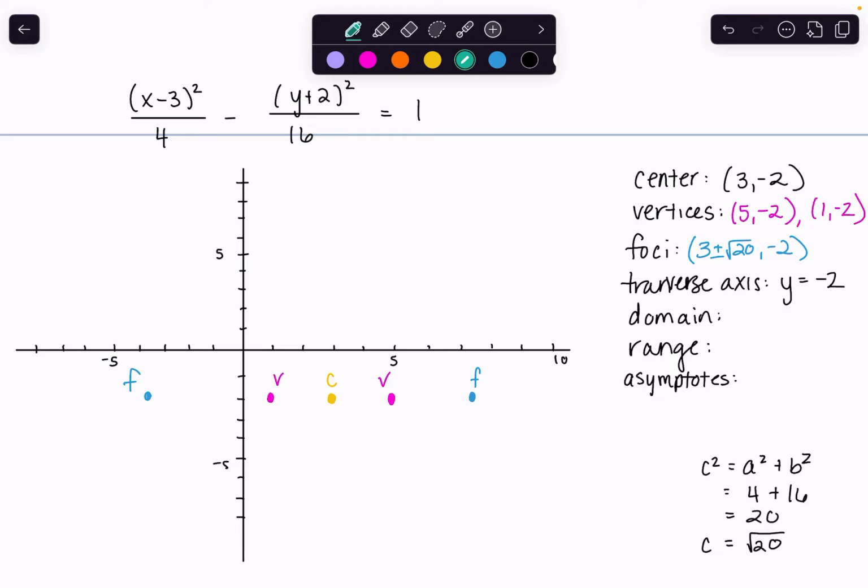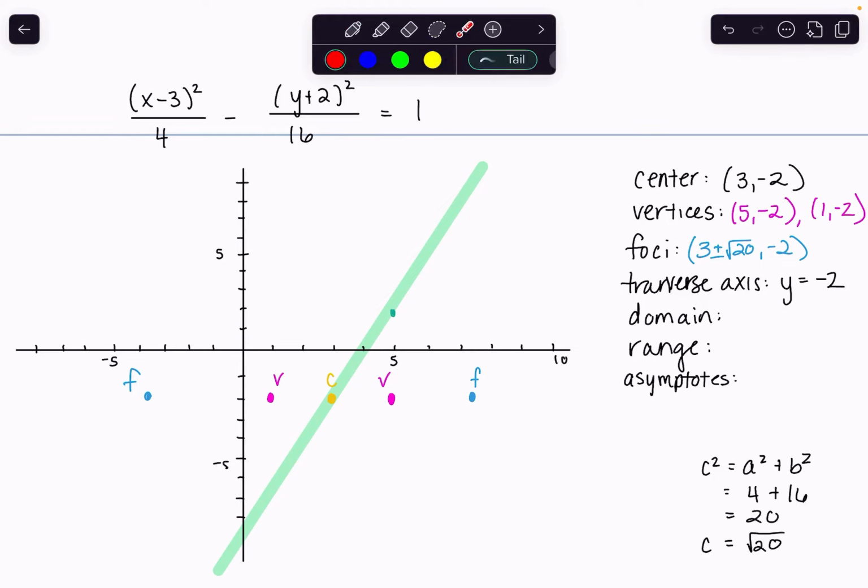So another point on my asymptote will be right here through 5, 2. And that gives me one asymptote. So you can get a rough idea for what the equation is, but again, we are going to go through it.